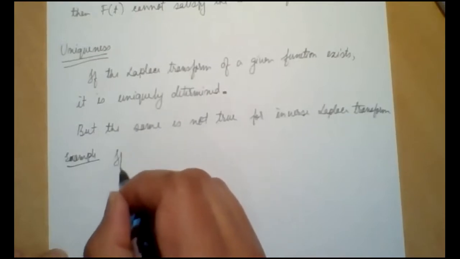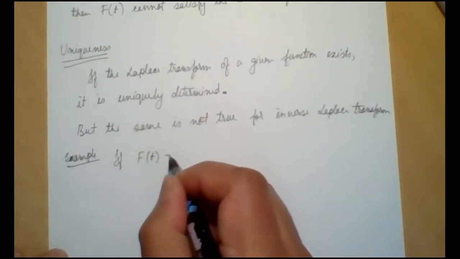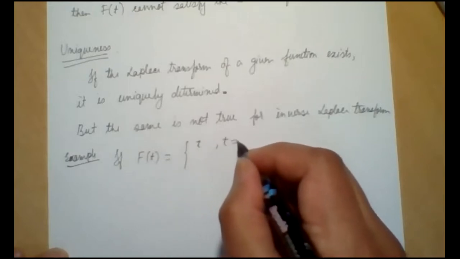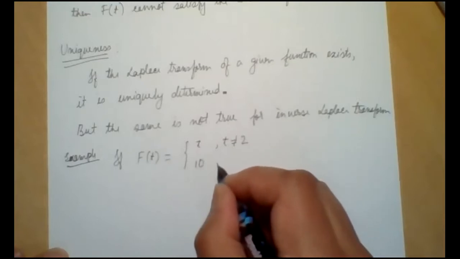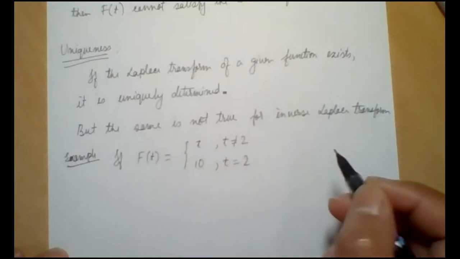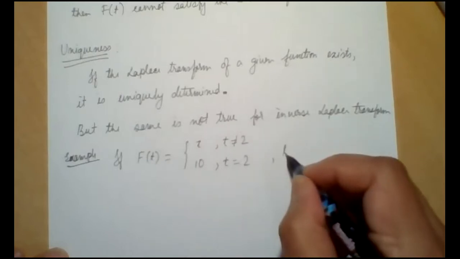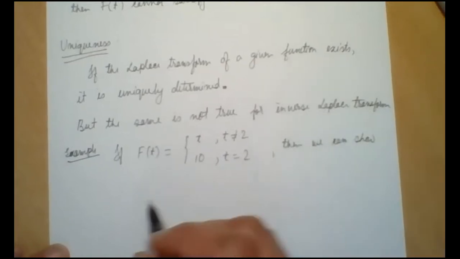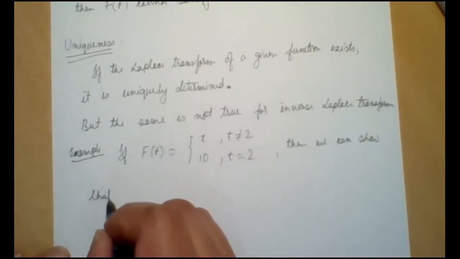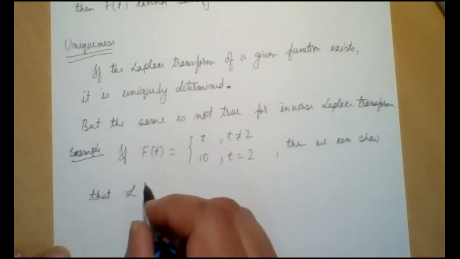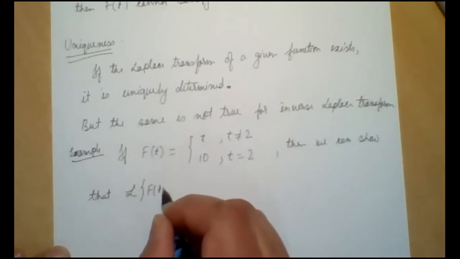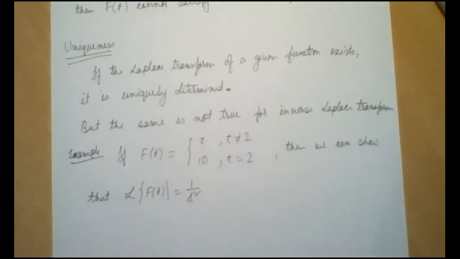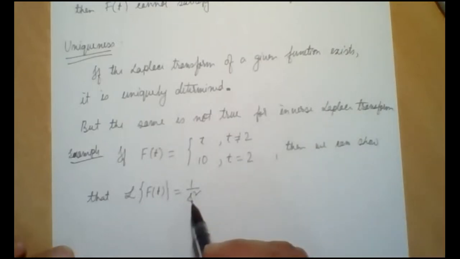Example, if f of t is defined like this, this is equal to t when t is not equal to 2, and this is equal to 10 when t is equal to 2. Then we can show that the Laplace transform of f of t is 1 by s square.